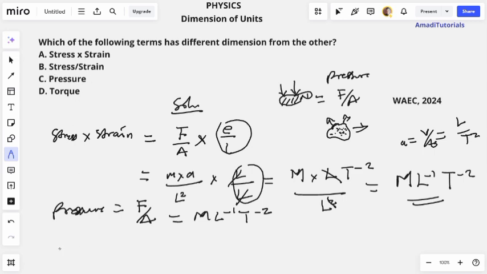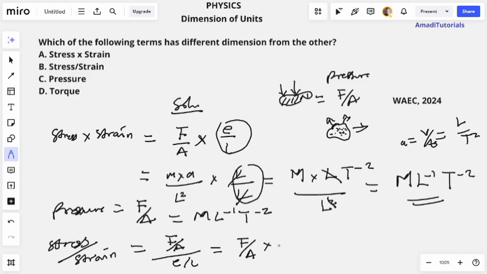So let's look at B. B says stress divided by strain. Now stress is force over area, then divided by strain, which is extension over original length. If you do your mathematics, division of fractions, this is F over A times L, that's original length, over extension.